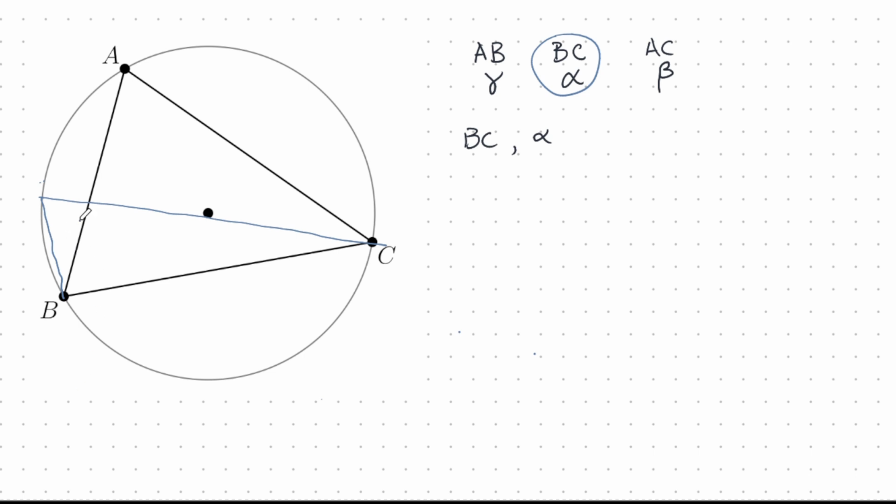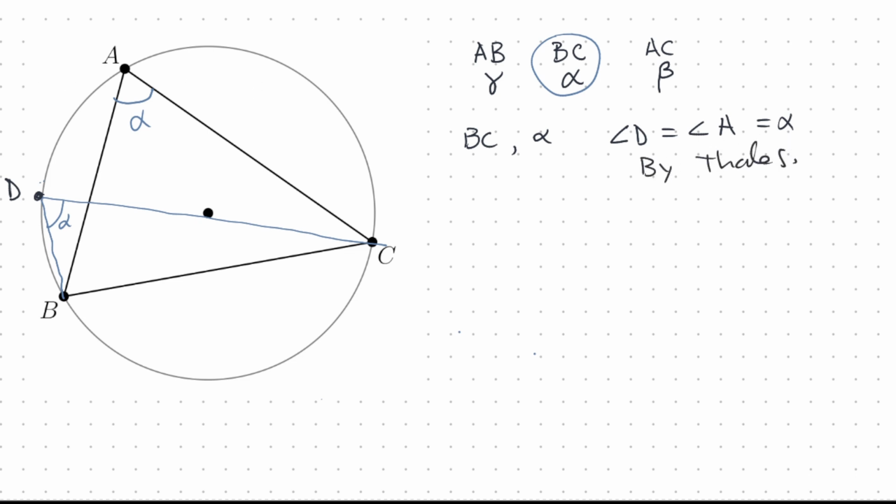So we draw a line through the center like this. And this angle here is alpha. But by Thales' theorem, this angle also must be alpha. Let's call this point D. So the angle at D must be the angle at A, and that's alpha by Thales.